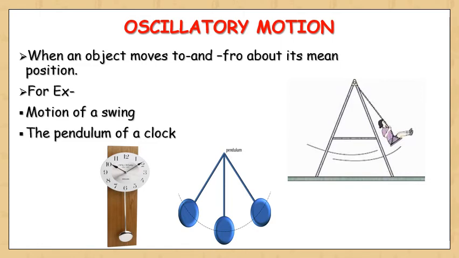So from the rest position, when an object moves to and fro, that type of motion is called oscillatory motion. In this motion, the entire object moves to and fro. For example, the motion of a swing or the pendulum of a clock.